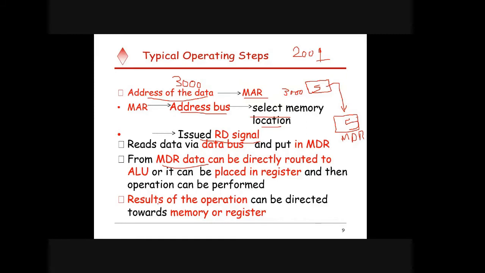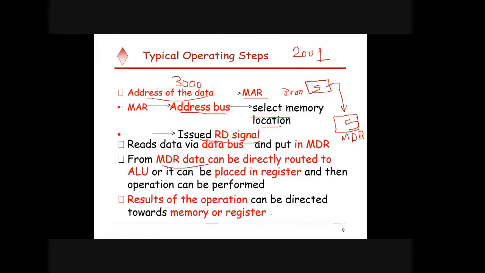So how can it write the result into the memory? The data is processed in the ALU, and the result is available and written into R0. After that, if it wants to write into a particular memory location, the processor should give that address to MAR, and MAR will give that address to the memory unit.